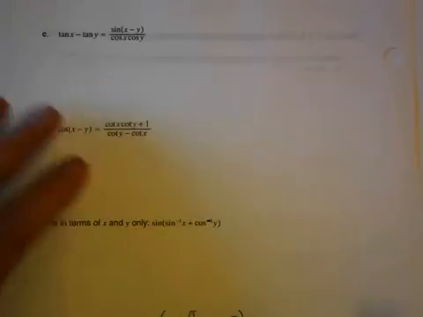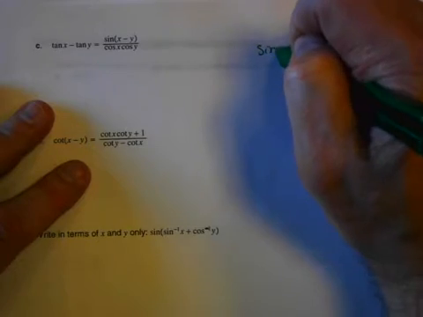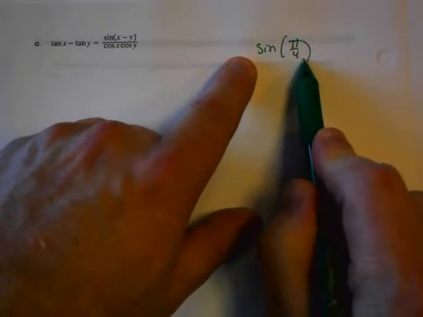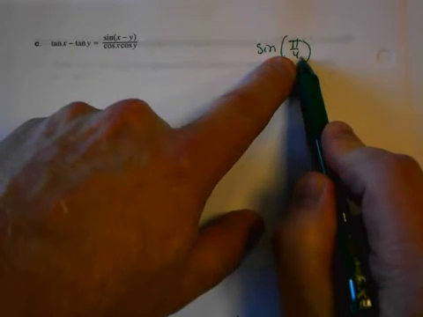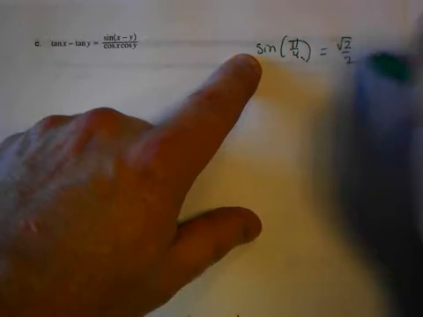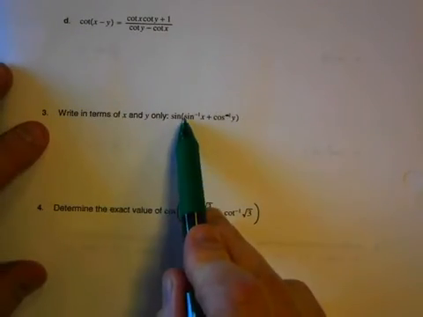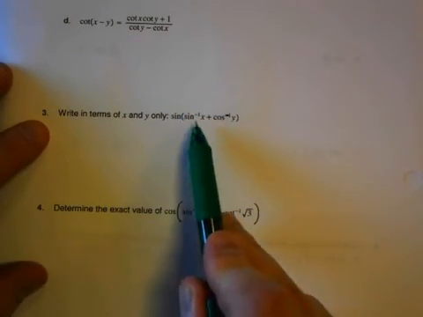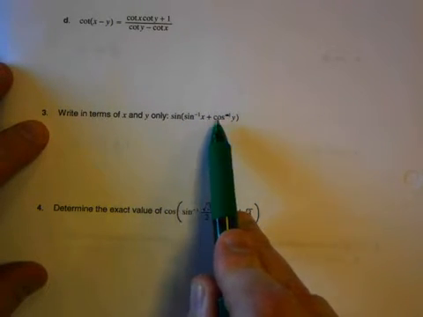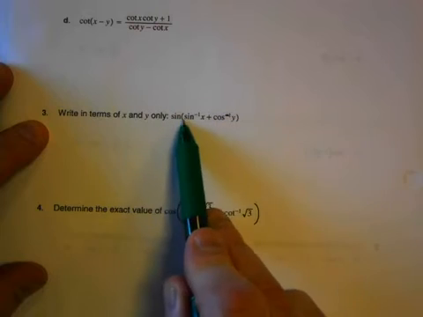For example, if I write sine pi over 4, I don't mean sine times pi over 4. This means take this number and plug it into that function. That's square root of 2. So again, this parenthesis doesn't mean multiply. This is function evaluation. So this is take sine inverse of x plus cosine inverse of y and plug it into the sine function.